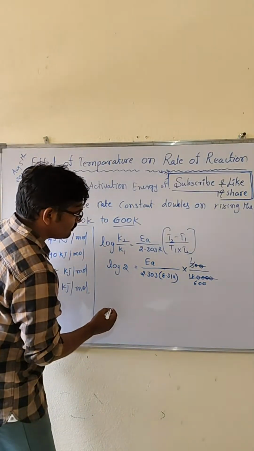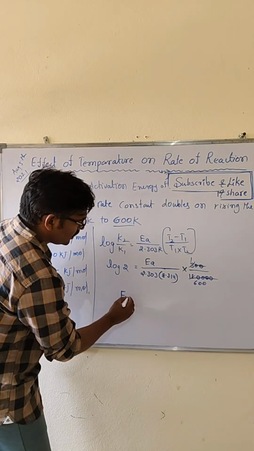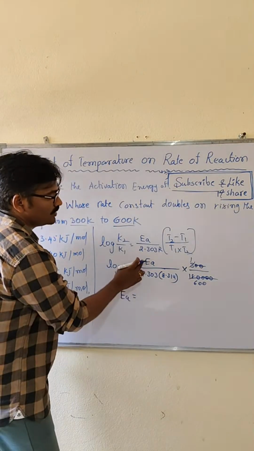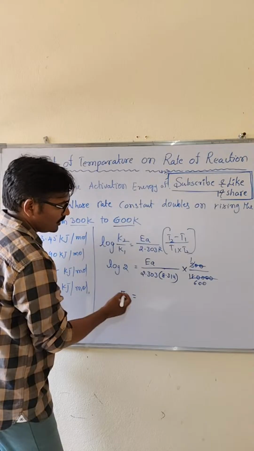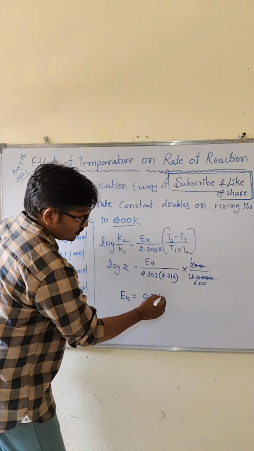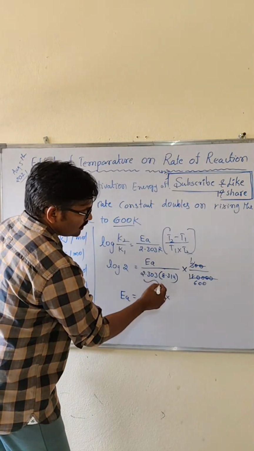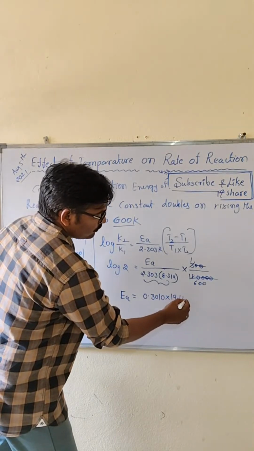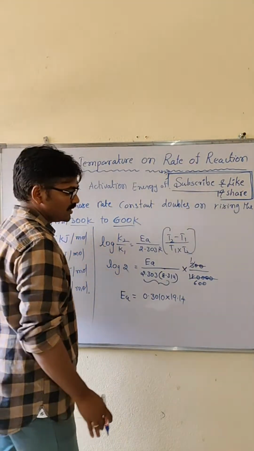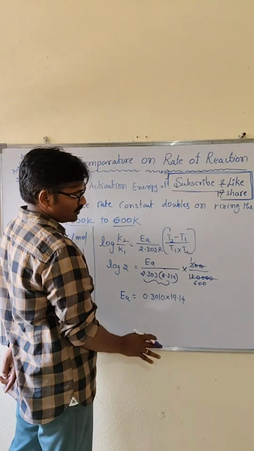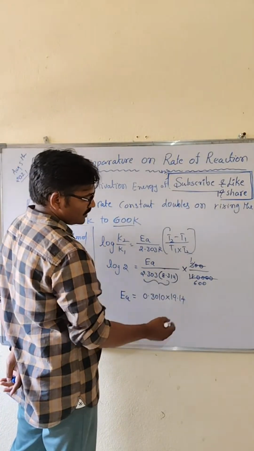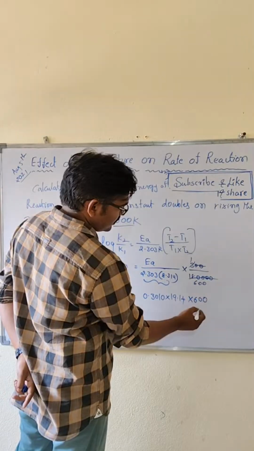Then the activation energy is required. So activation energy equals, sending this side, the log 2 value, which is 0.3010, multiplied by the other values gives about 19.14, into 600.